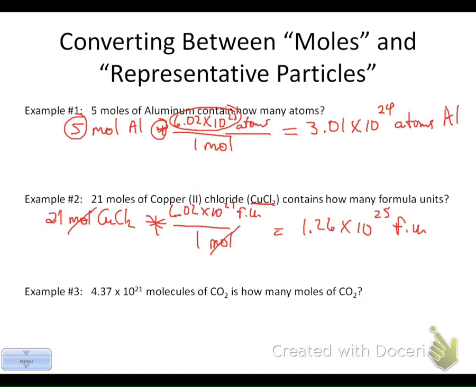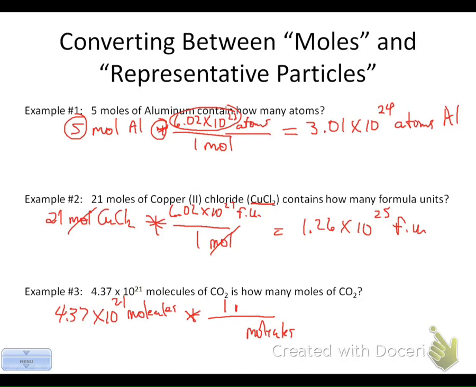Now example 3 is going to be just a little bit different because we are starting with molecules and we want to go to moles. So 4.37 times 10 to the 21st molecules. So we set up our conversion factor now. Molecules are on the bottom.